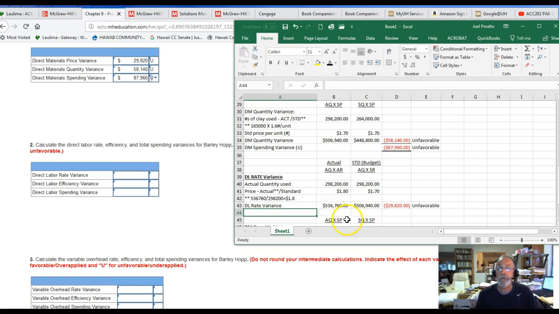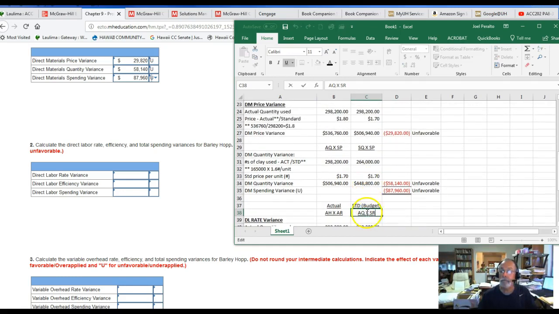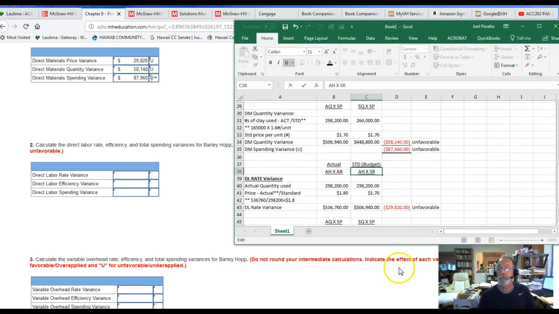So for our rate variance, again referring to Exhibit 9.7 in the text, actual hours times actual rate compared to actual hours times standard rate. So our quantity changes to hours. Okay. Hours.